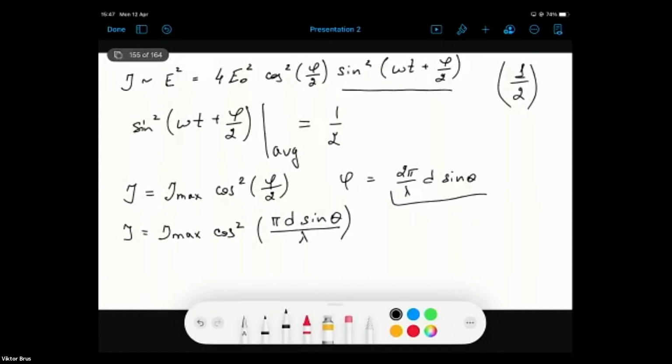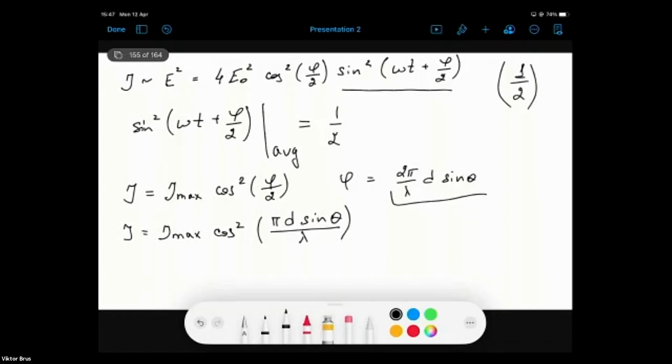So we see that light intensity with this sine theta, like angular position, changes as cosine square. So it doesn't go to negative values because it's cosine in second power, which makes sense because light intensity cannot be negative.